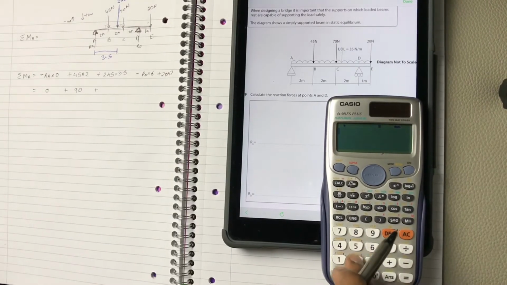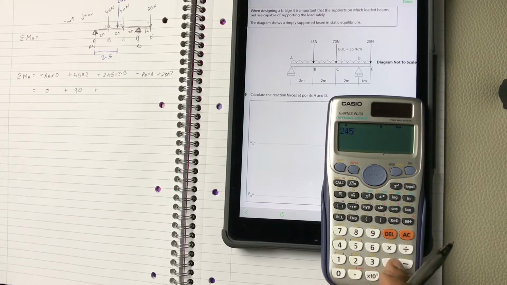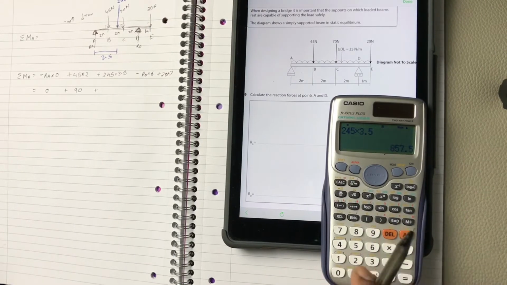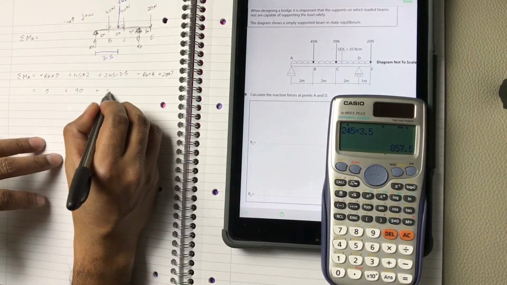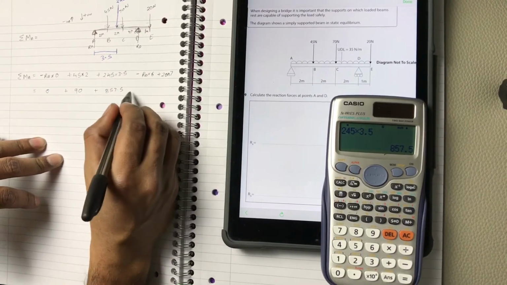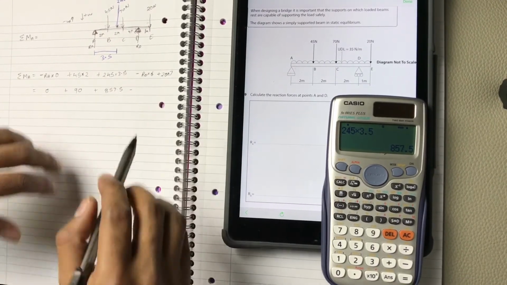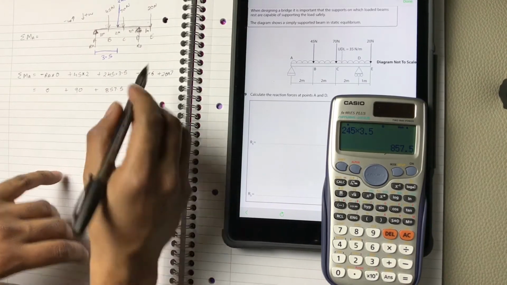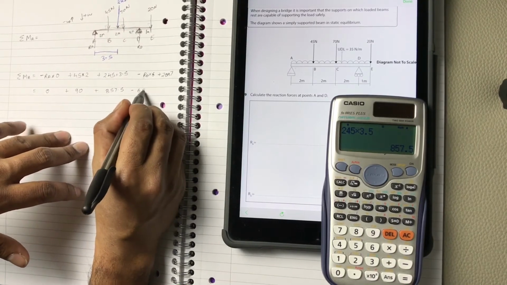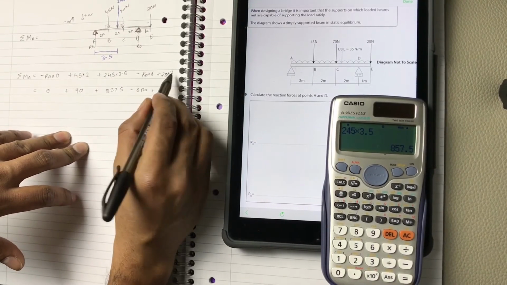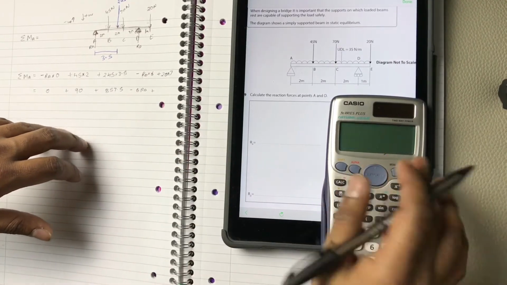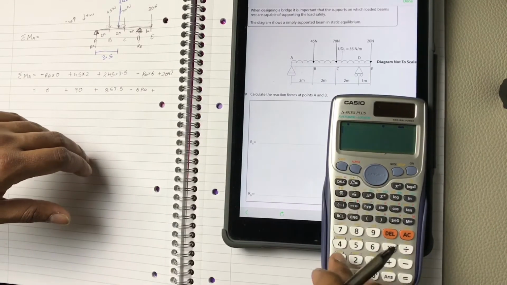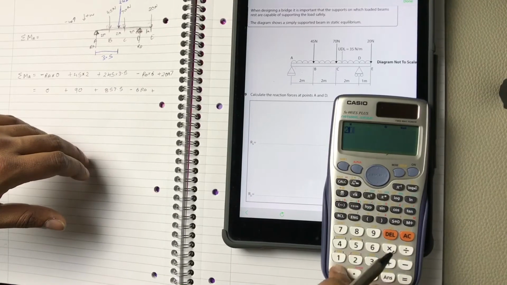So 245 times 3.5 is 857.5, minus Rd times 6. Whenever you have an unknown or a variable times a constant, you always write the constant first. So 6 Rd, plus 20 times 7, which is 140, but I'm still going to calculate it just to be sure.